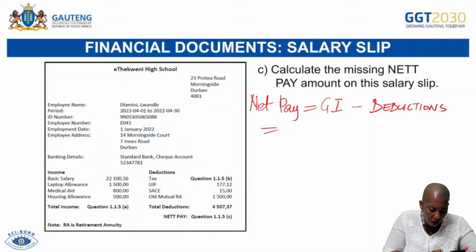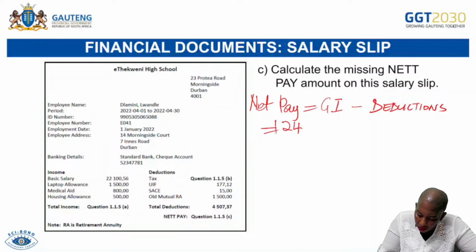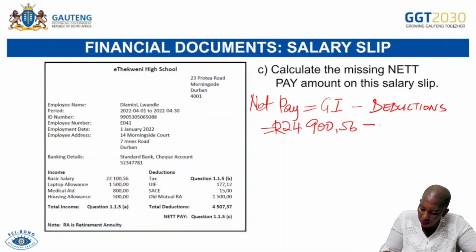It is 22,156 plus 1,500 plus 800 rand plus 500 rand. We said this is the total amount, the gross income. It is 24,956. Then we subtract the deductions.